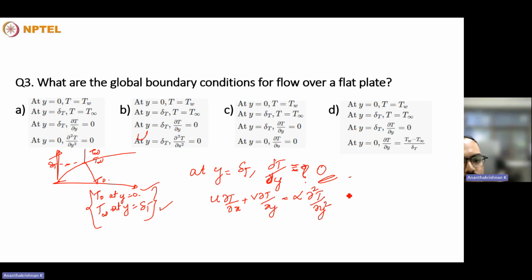So how will we determine the value of dou square T divided by dou y squared at y equal to 0? At y equal to 0, if you assume a non-permeable surface, we can say that v is equal to 0.